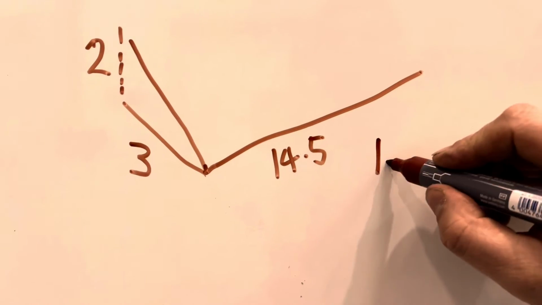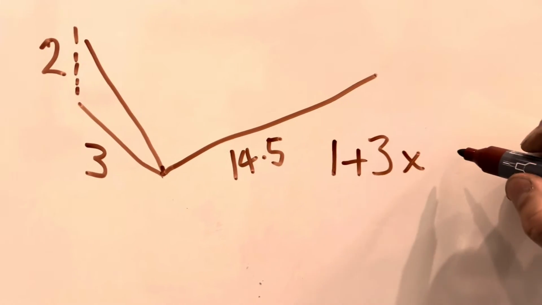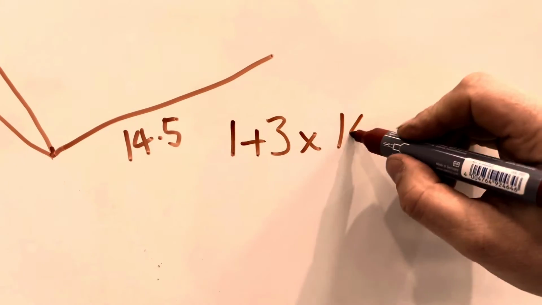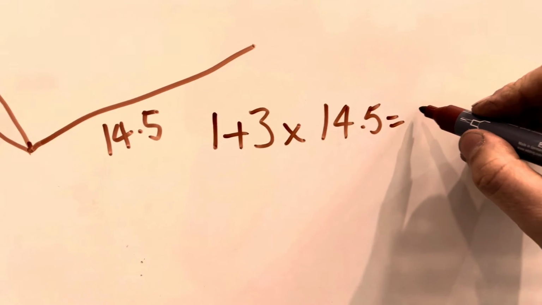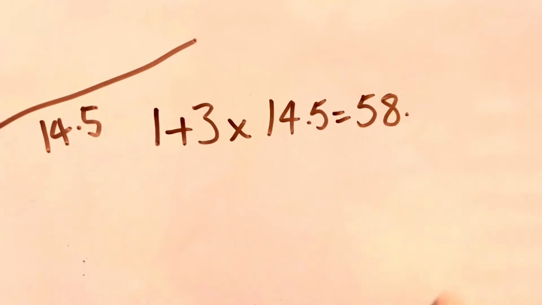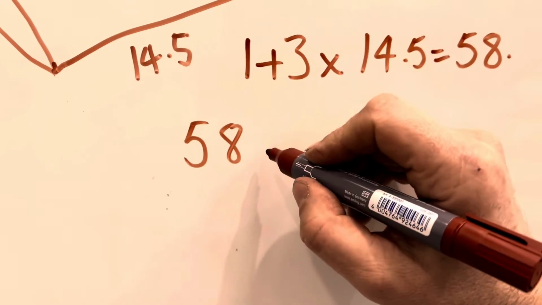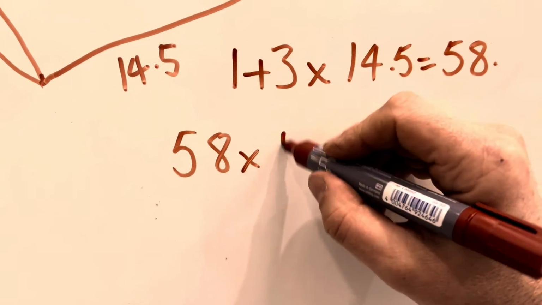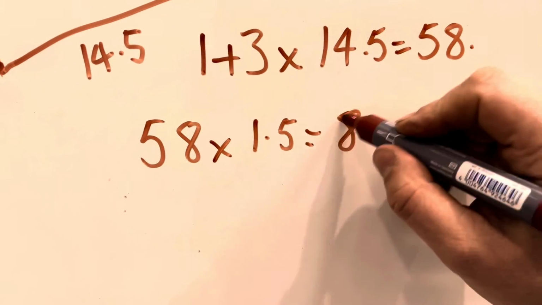So it's going to be 14.5 equals 58. Then it's 58 times 1.5, that's the pitch, that equals 87.